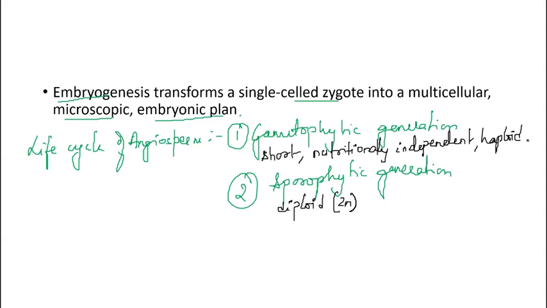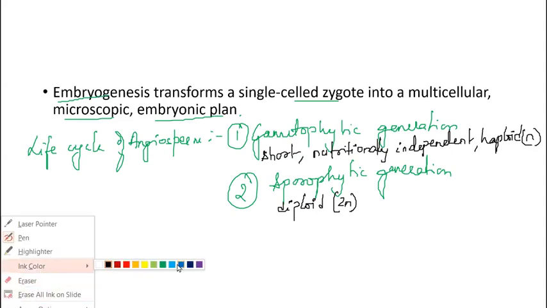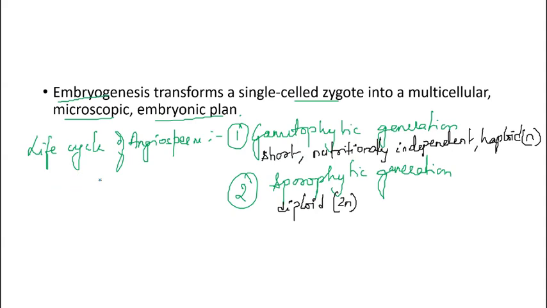Now there is an alternation of generations between the gametophytic and sporophytic phase. So what we see in the life cycle: at first, the gametophytic generation will produce gametes, the male gamete and female gamete.